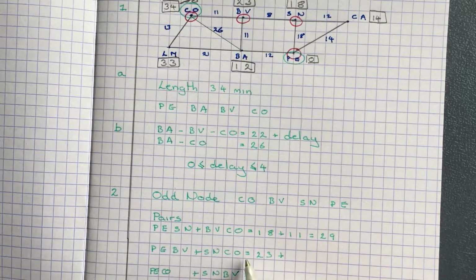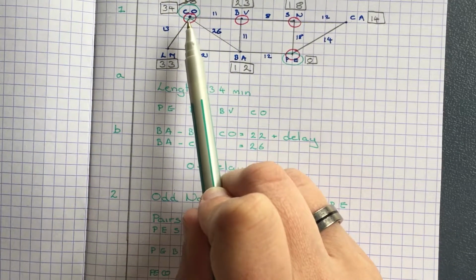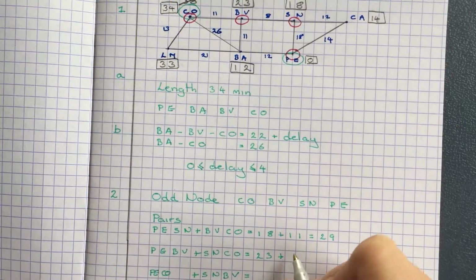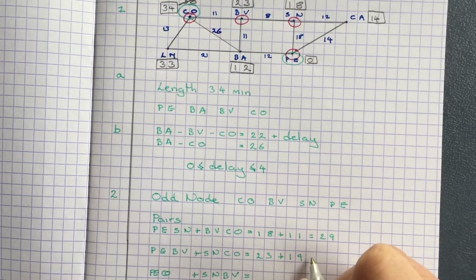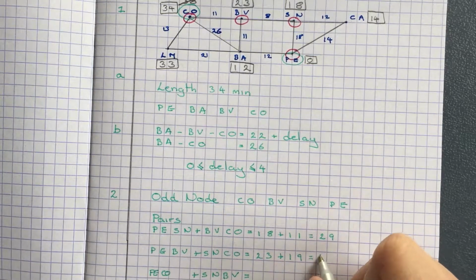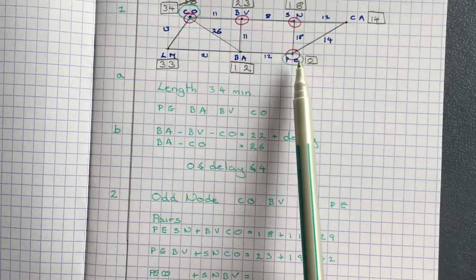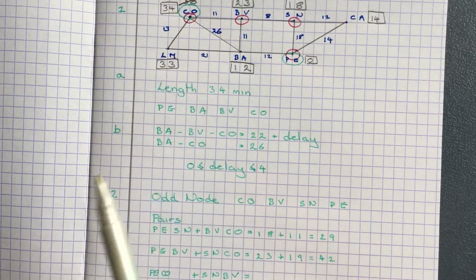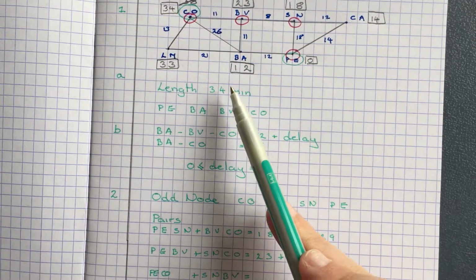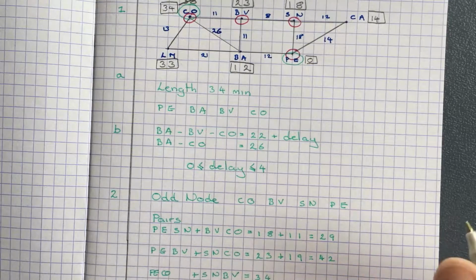And then we've got SN to CO. It doesn't matter that it goes through BV, not a problem. You just got it. So we've got 23 and 19, which should be 42. And then lastly, we've got PE to CO. Now, very conveniently, we did this in part 1, and that is 34.